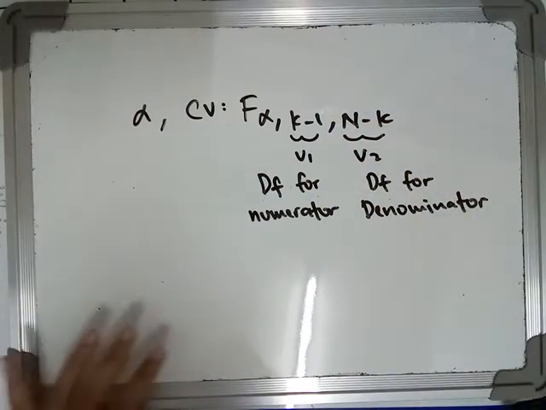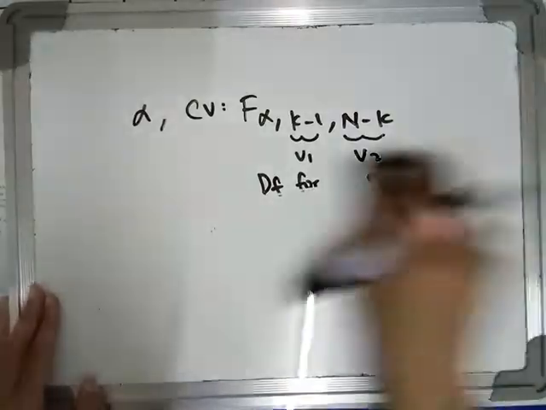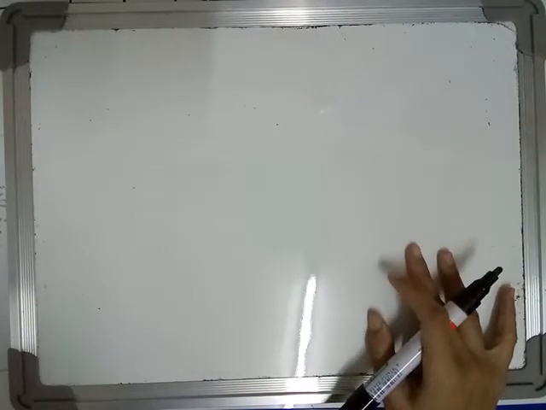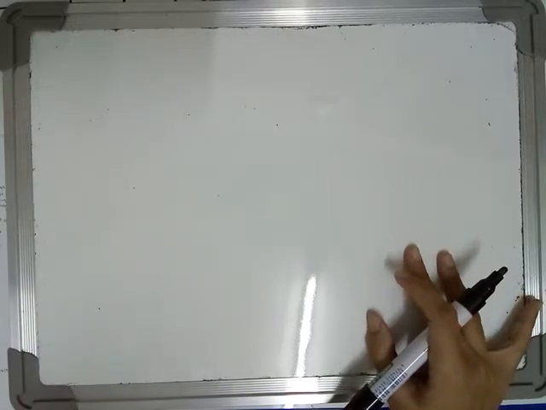And then step 3, you need to determine the rejection and non-rejection region.